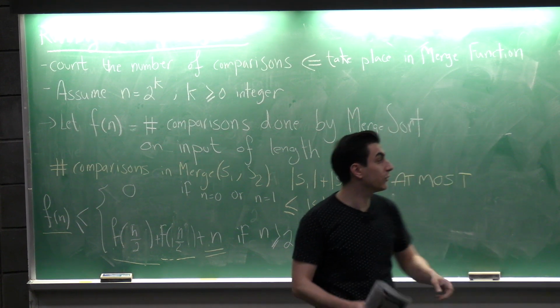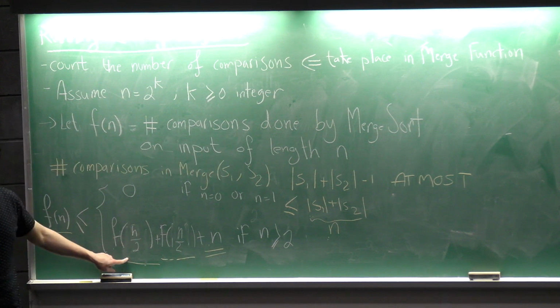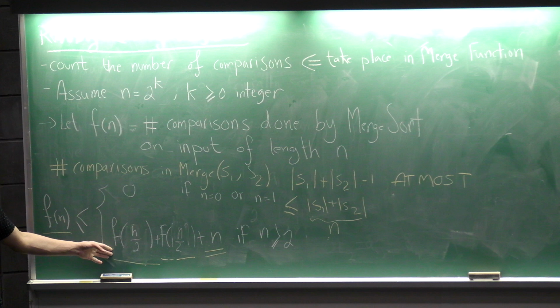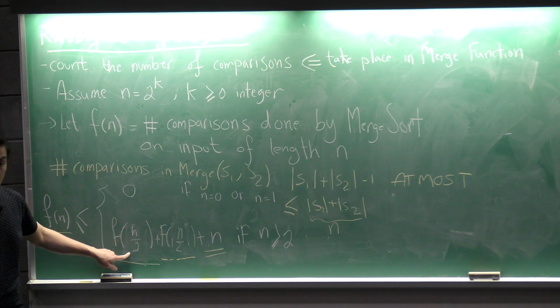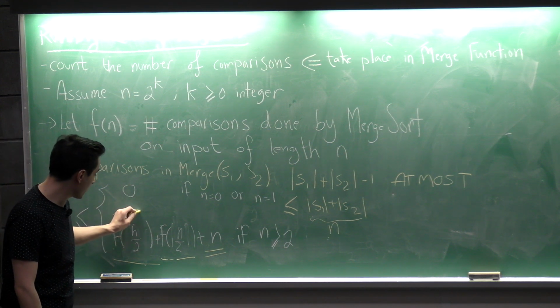So, what are we going to try to do now? What we're going to try to do, we're going to try to get rid of this, right? We have a recurrence relationship. We're going to try to make a guess of what this would be equivalent to, and we're going to prove it with induction, right? So we just have to get rid of this and this.